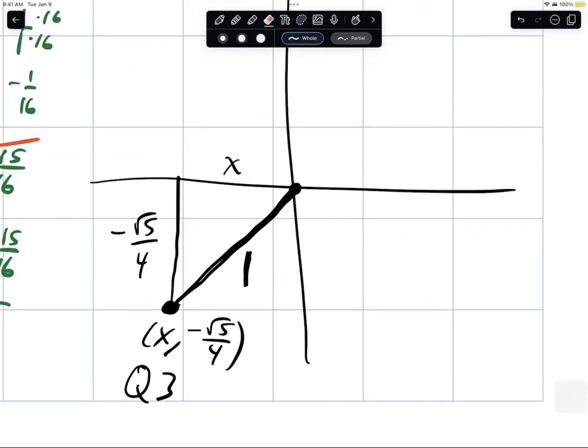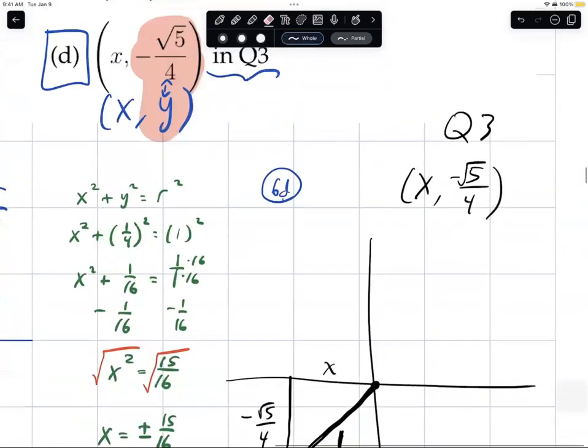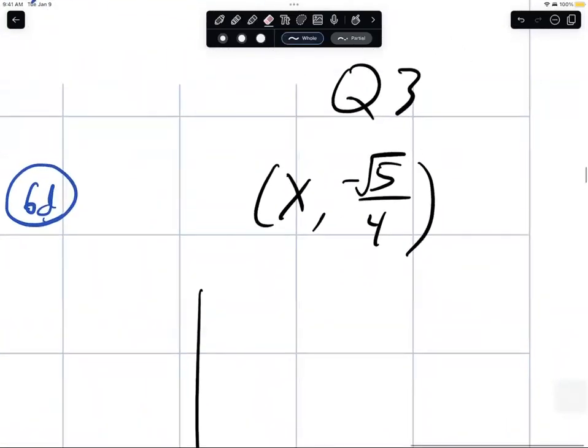Okay. You could even go in this direction. We could actually bypass the drawing, because we don't even need it in a sense.